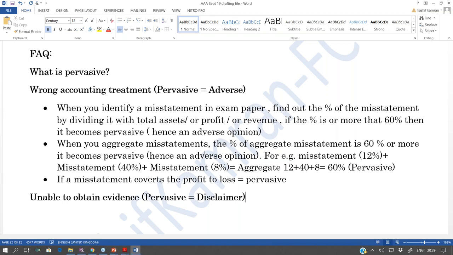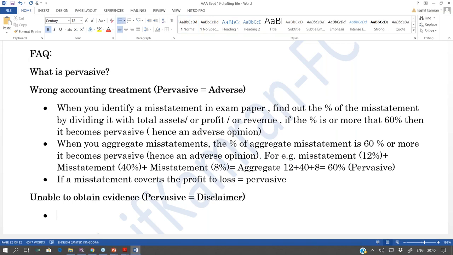Now the rules I made above are only about a wrong accounting treatment where you can find the percentage, right? Is everyone clear on that? Now let's make a rule for when the auditor is unable to obtain evidence. What makes it pervasive?